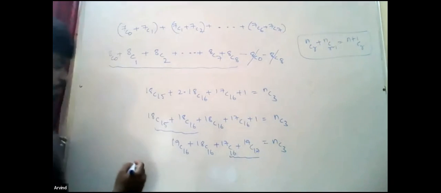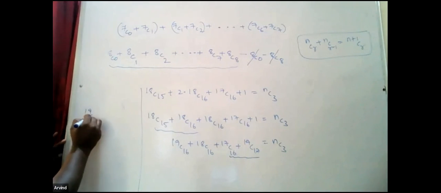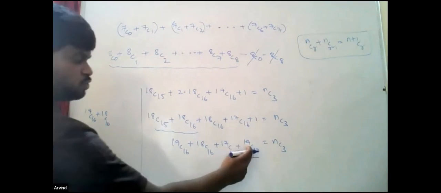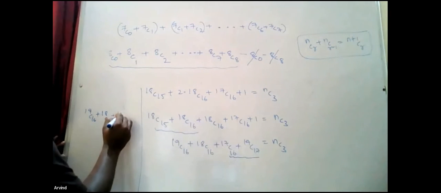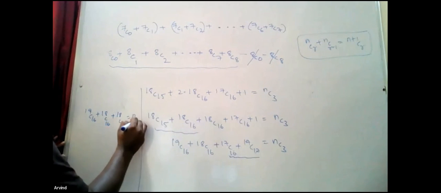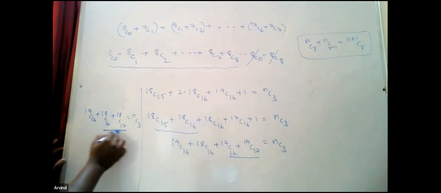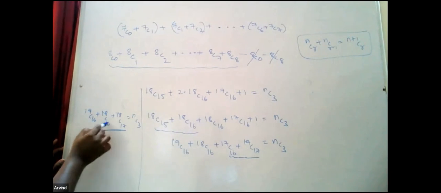Therefore this will become, let me write it here, 19C16 plus 18C16. These two combined together, n value increases, r value increases, 18C17, is equal to NC3. Again same way you have to use the formula. Combine these two things. Observe n value is same, here 1 more, here 1 less.